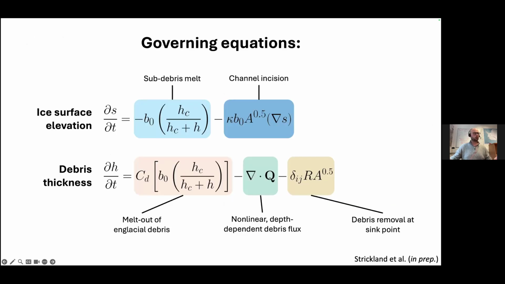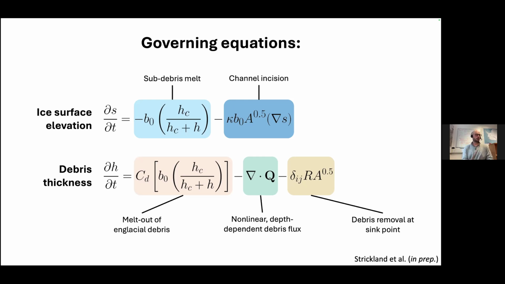The math, I won't spend too much time on this, but it's really the same model that we saw before, but instead we added a channel incision component that uses a stream power incision, which is similar to what you might see in a terrestrial landscape evolution model. And so we allow drainage channels to erode the ice surface.